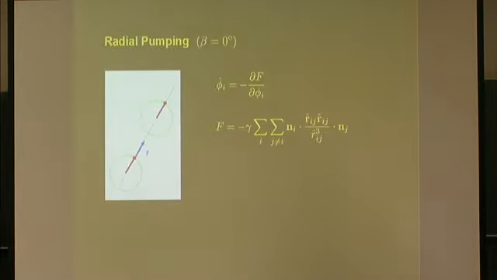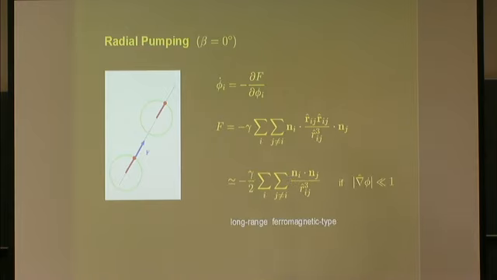So first we consider the ideal case of radial pumping, or beta equals 0. In this case, the flow created by one rotor tends to align the neighbors in the same direction. And the dynamics is written in terms of a free energy, which is in this form.